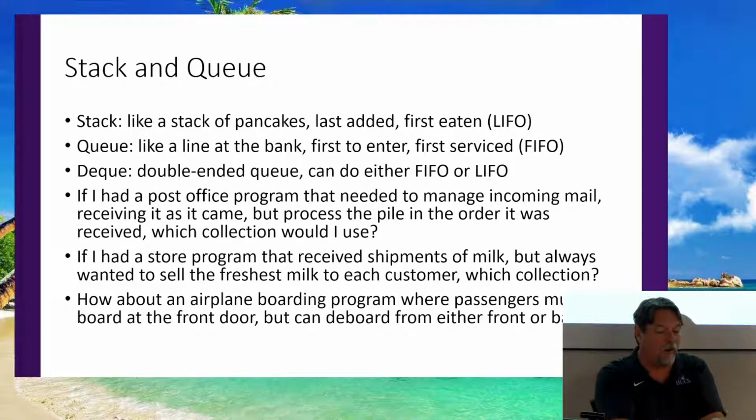Same thing here. A queue is only one way, but somebody came along and said, no, I don't want to be restricted to that. I also want to be able to take things off of either end of the list. There's interesting examples for using all of these, the applications for them.